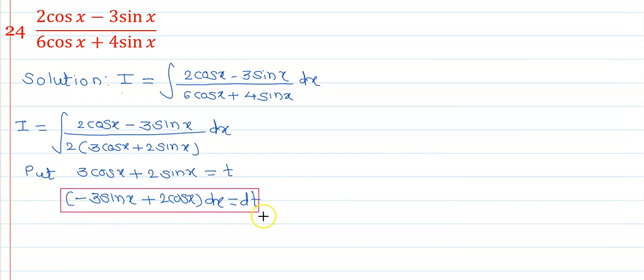We get the numerator here: minus 3 sin x plus 2 cos x, bracket complete, into dx is dt.